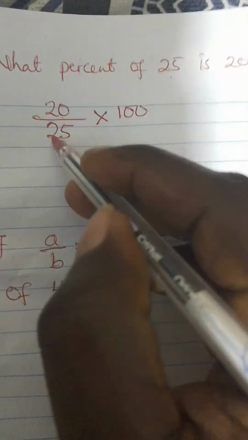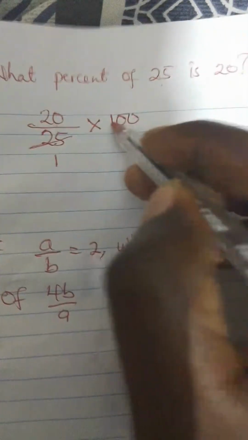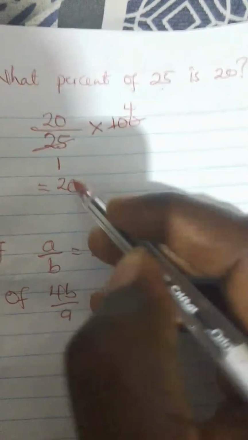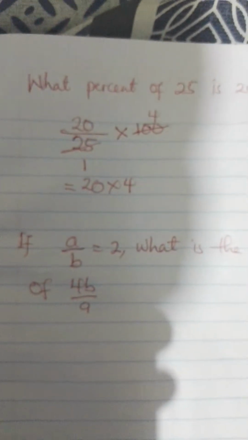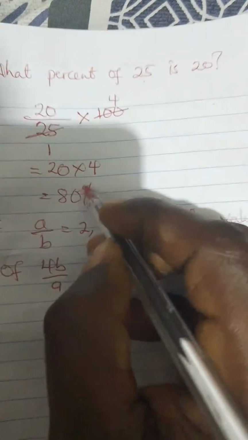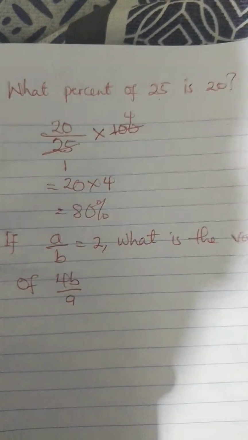So you have 25 going into 100, 4 times. So you get 20 times 4, and that will give us 80. So that will be 80%. I want to take it again.